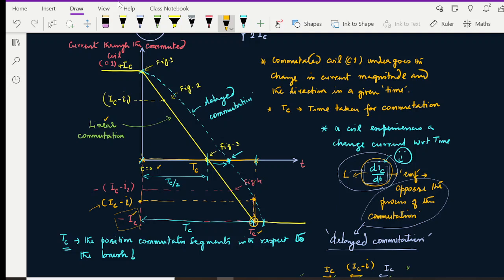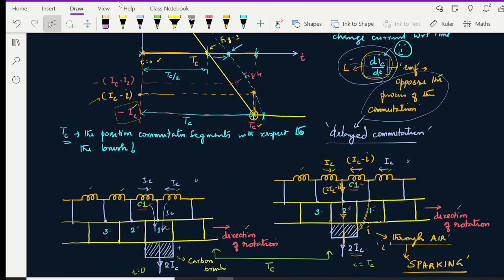But due to the change in current experienced by the coil and its own self-inductance, the decline in coil current would cause an EMF, and that makes the commutation delayed. Then the current which is supposed to reach minus IC is not minus IC at time TC. It is still lesser than that. It reaches minus IC a little late.